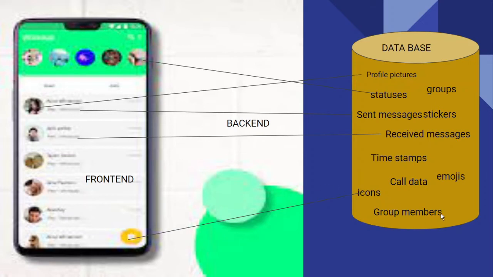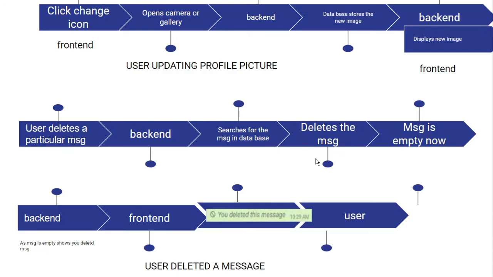There are multiple other fields in the database, like group members and groups. Every group has a unique ID, and in order to get all the members of this group, we have the group members table with user ID and group ID, and fetching data this way is the most appropriate way. So this is the interaction between the front end and back end. Here we have a real-time example.